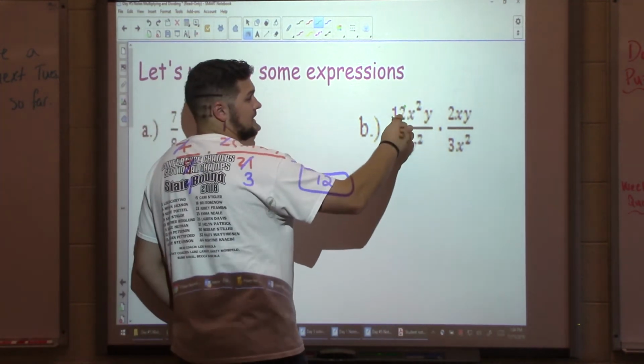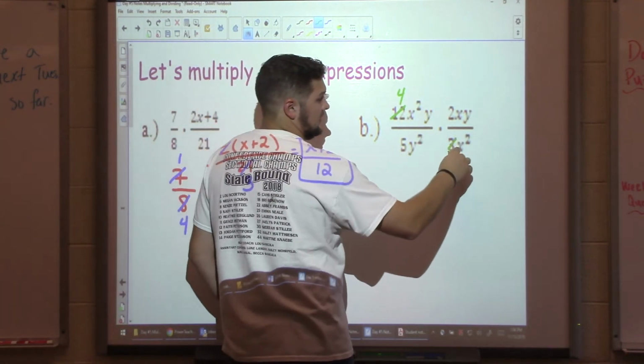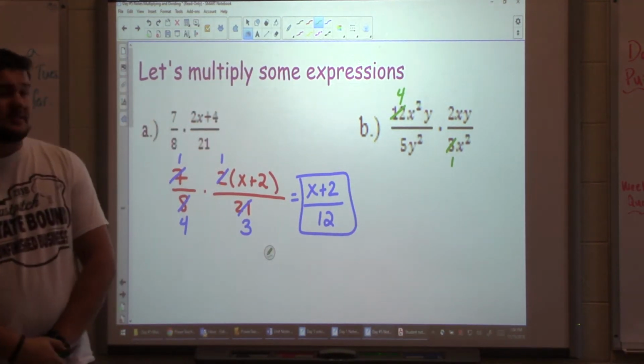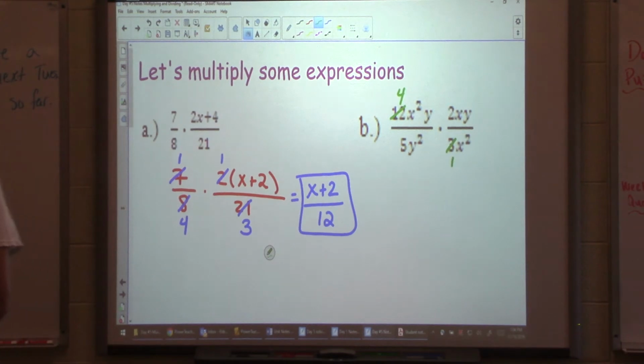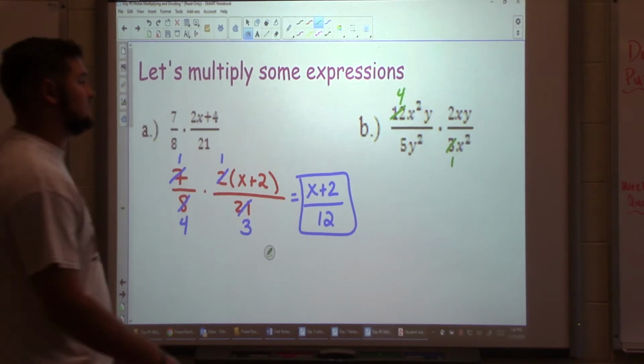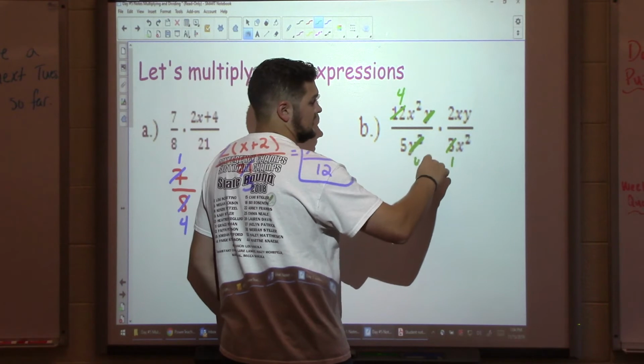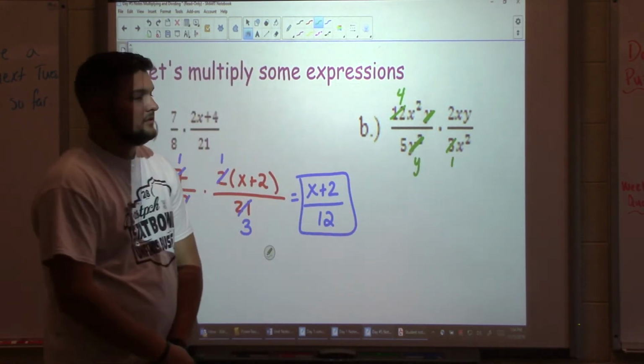I can take a 3 out of both. I'm left with 4, and I'm left with 1. Is there anything else that I have both top and bottom? Any factors they share? Y. I have one y here, which means I can take a y right there. I'm left with just y.